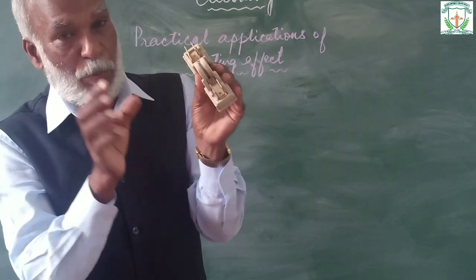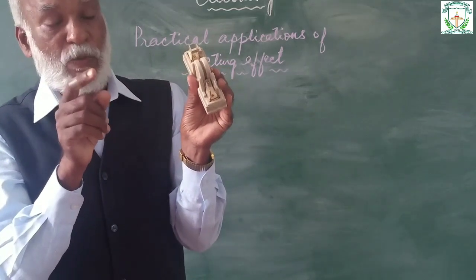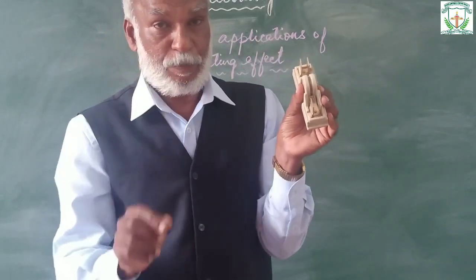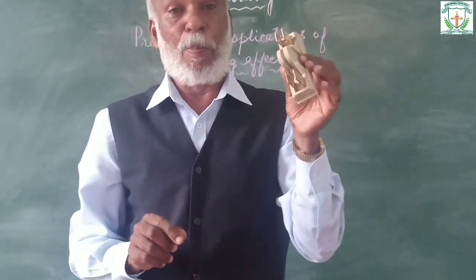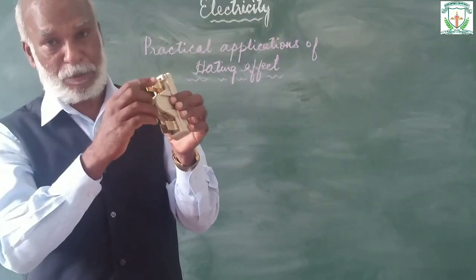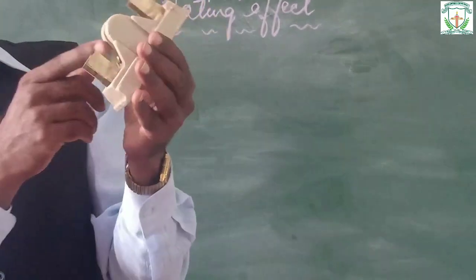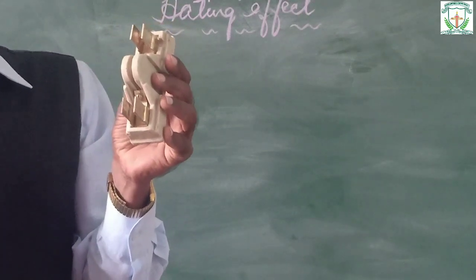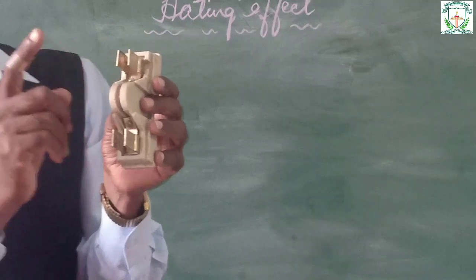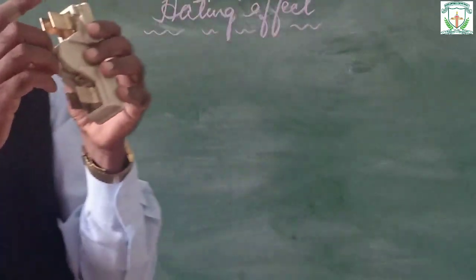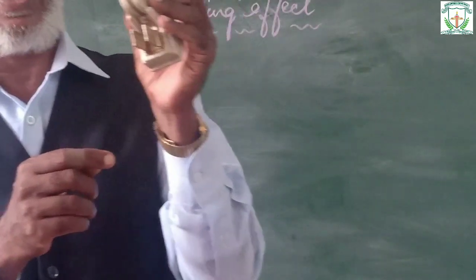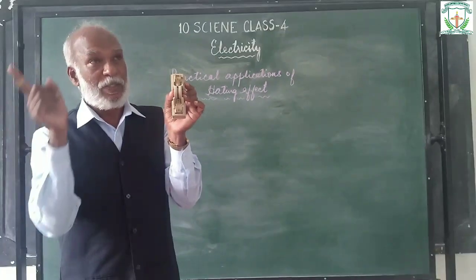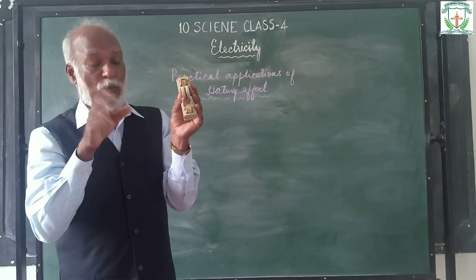A fusible metal wire made of an alloy of aluminium, copper and iron is used. This fuse wire has higher resistance and lower melting point when compared to the connecting wires, that is the copper wire.